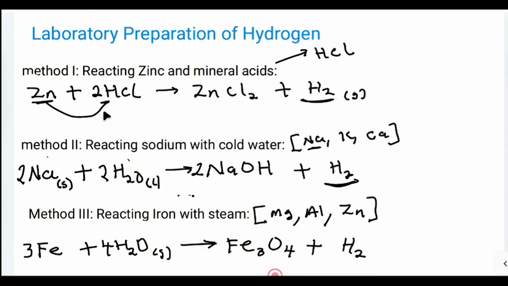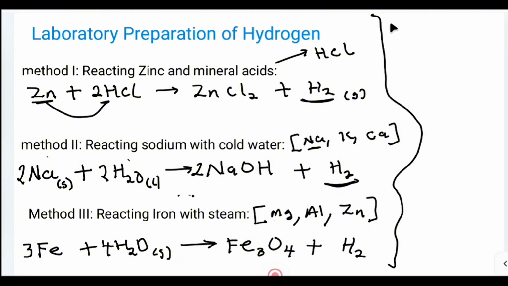Then just by the way, we have some metals that cannot produce hydrogen. In other words, it doesn't matter whether you react them with cold water or steam, they cannot produce hydrogen.